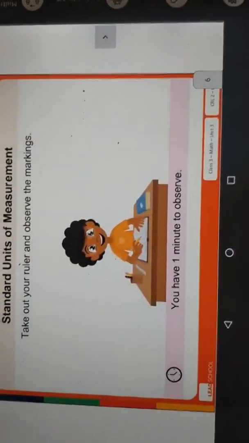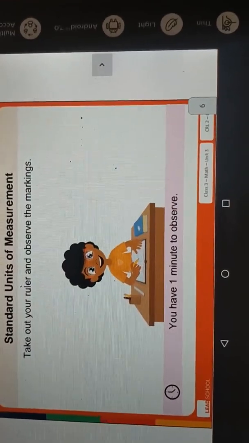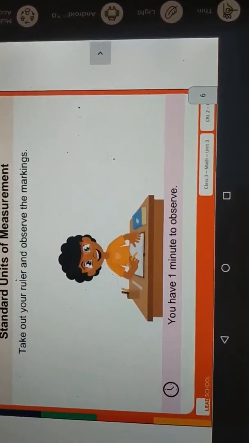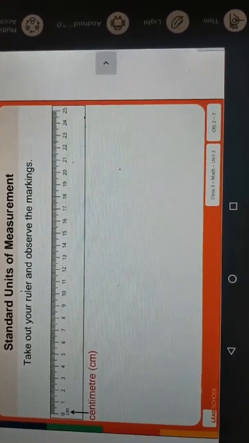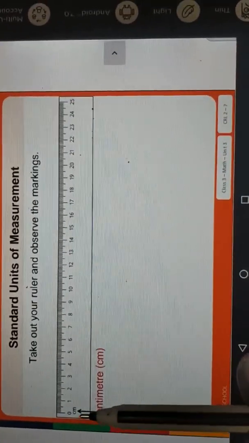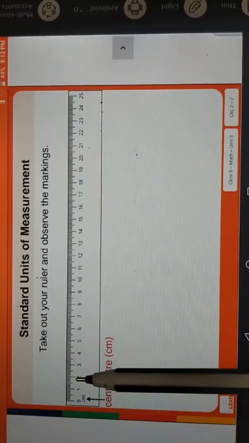So students, take out your ruler and observe the marking. Now students, see. In your ruler, there is centimeter written.